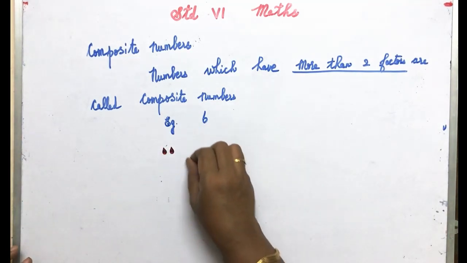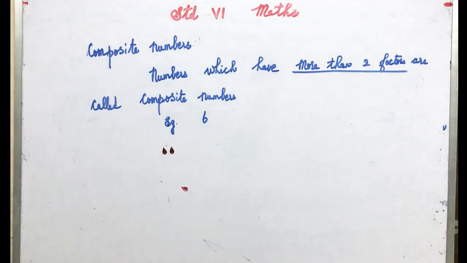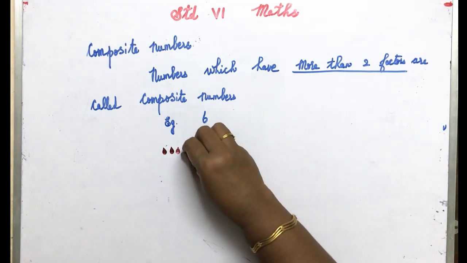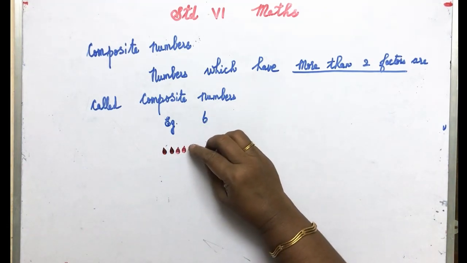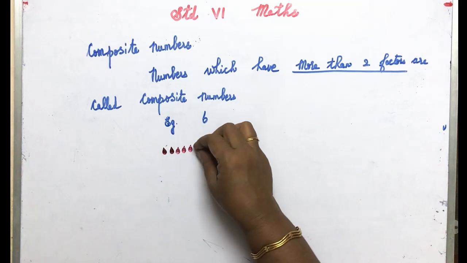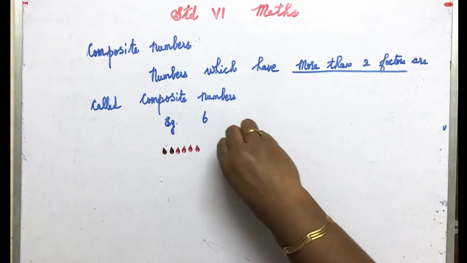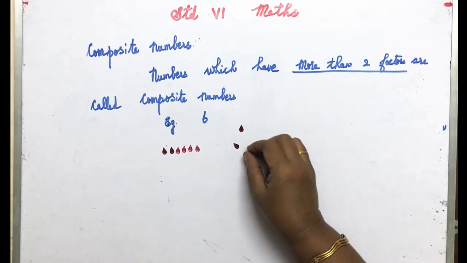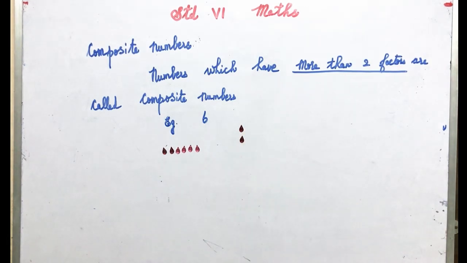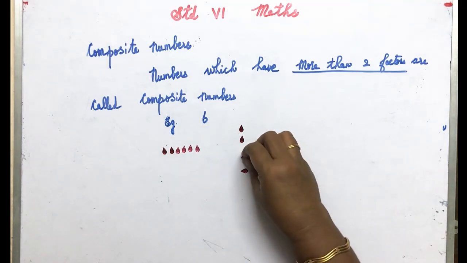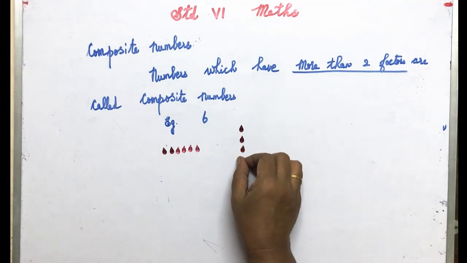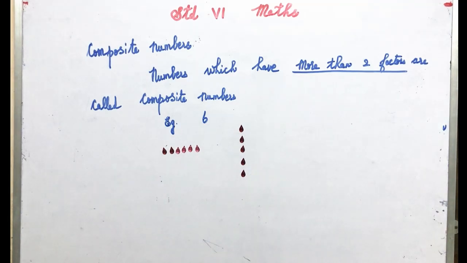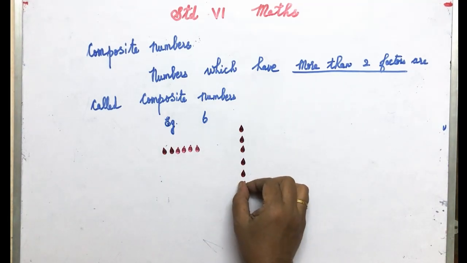So 1, 2, 3, 4, 5, 6, or we can arrange in 6 rows. So 1, 2, 3, 4, 5, 6.